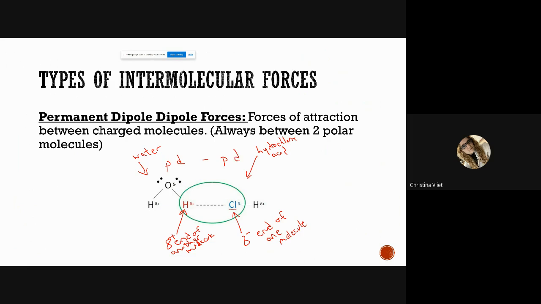Why? So this falls under PD. Why? Because both molecules are polar, which means both of them have a permanent dipole, which means this is a permanent attraction between the acid and the water. It's not temporary, it's permanent.